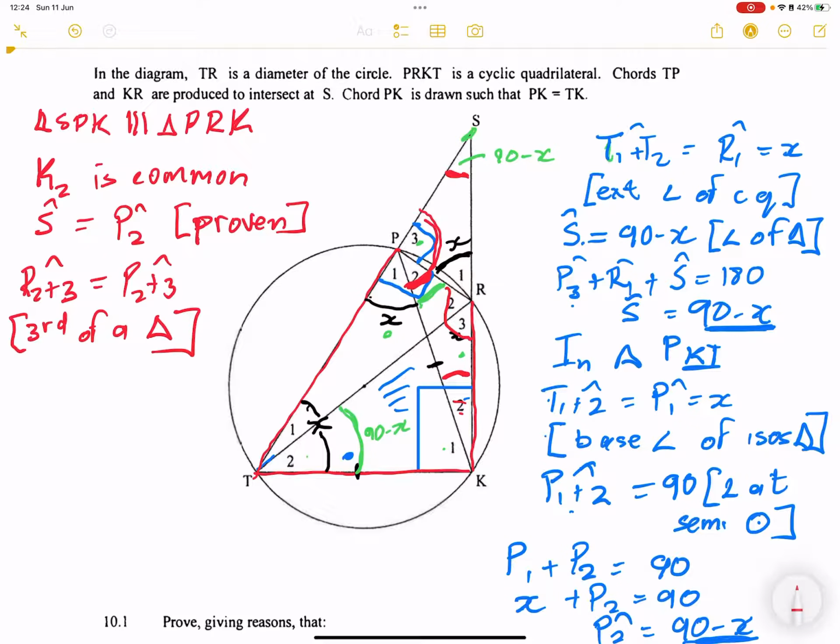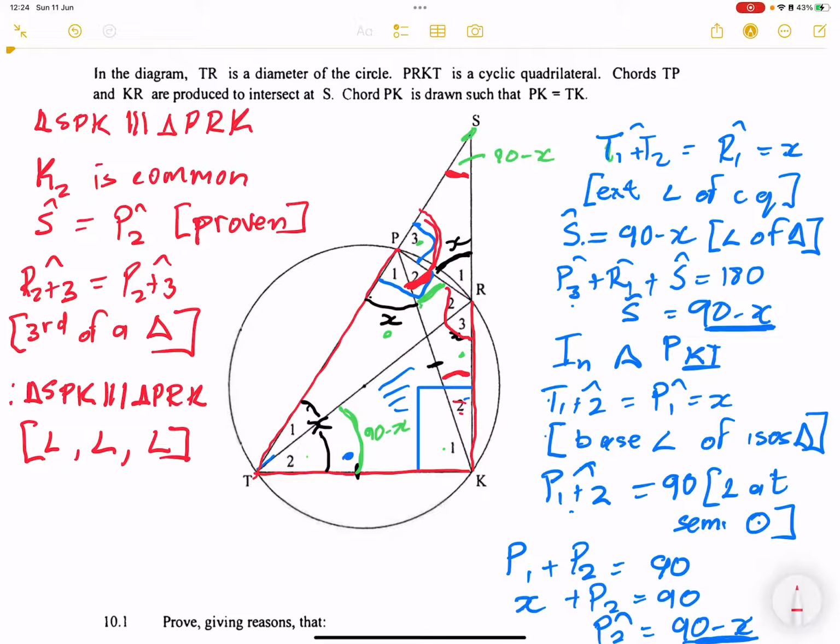So therefore it means that triangle SPK is similar to triangle PRK. And why is that? We say angle, angle, angle. So we've proven three angles equal, and so therefore we've proven similarity.